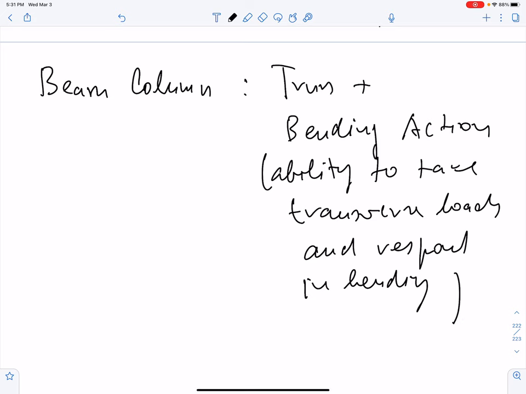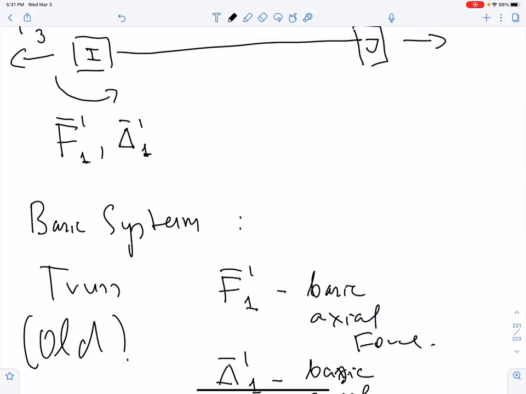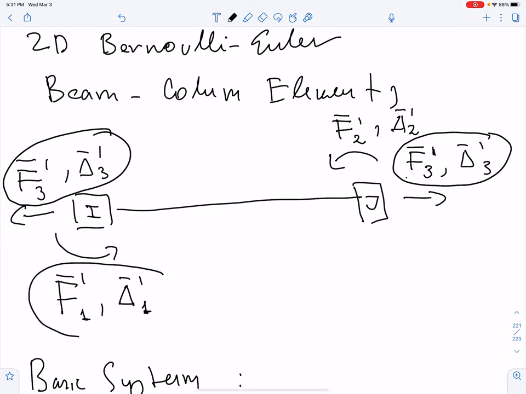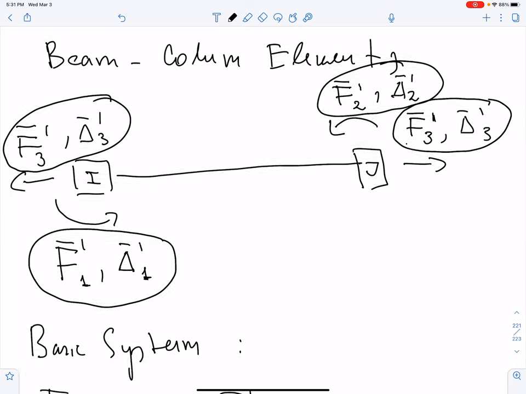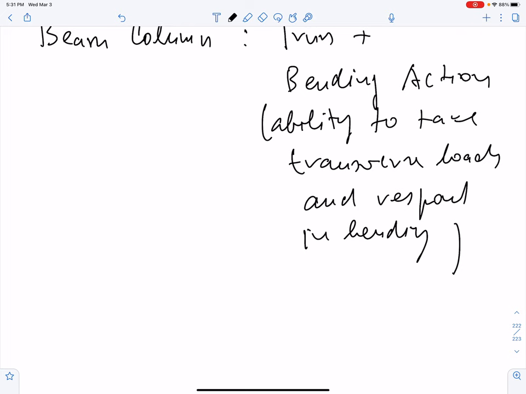And so in order to accommodate that modeling, if you go back to this picture, besides just introducing axial forces and axial displacements, we need to introduce end node moments, and then the corresponding slopes and rotations. And so then the basic system for the beam column looks like this.